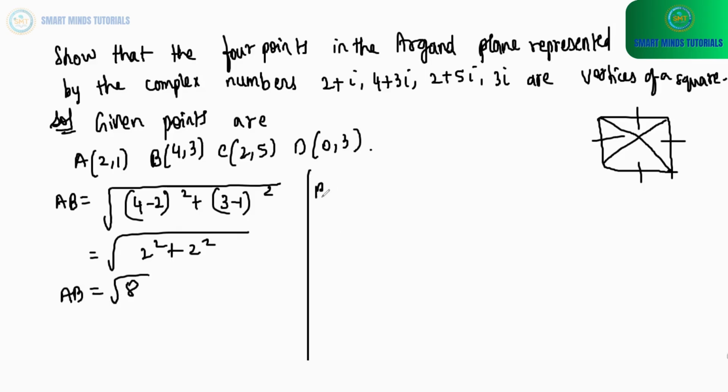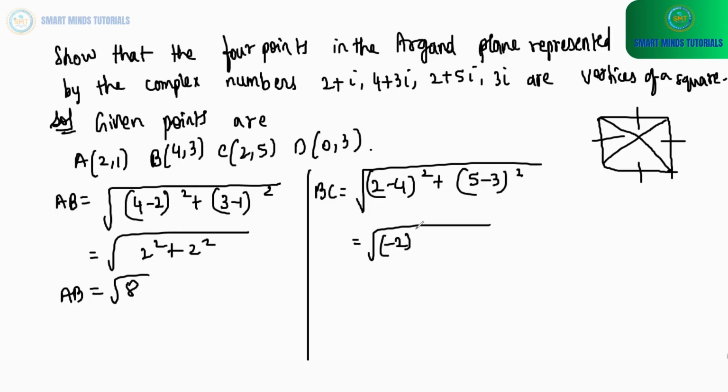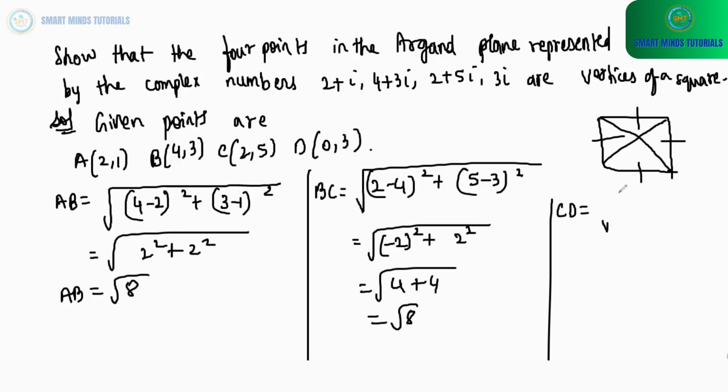After finding AB, we will find BC. BC is root over (2 minus 4) whole square plus (5 minus 3) whole square. That is root over (minus 2) whole square plus 2 square. That is again 4 plus 4, which is equal to root 8. Now the same way we will find CD. CD is root over (0 minus 2) whole square plus (3 minus 5) whole square.